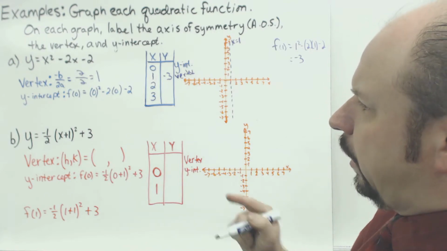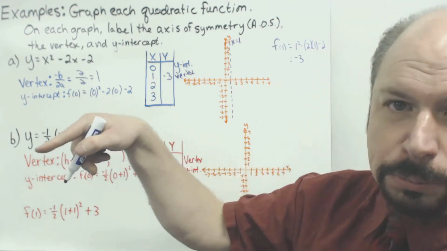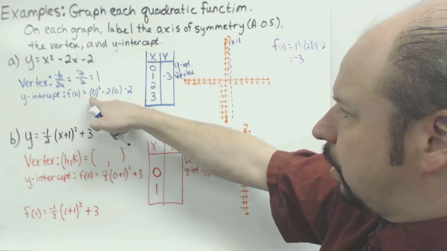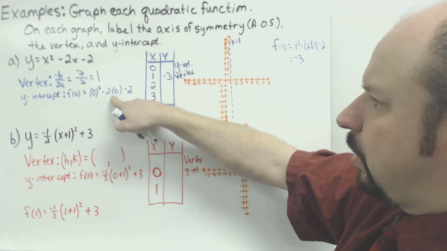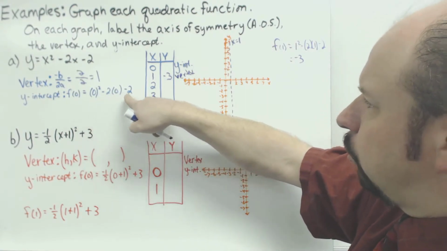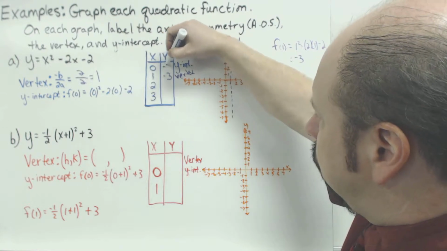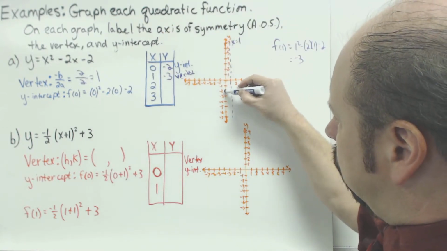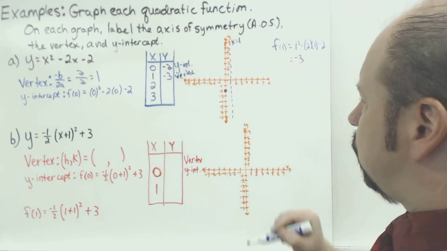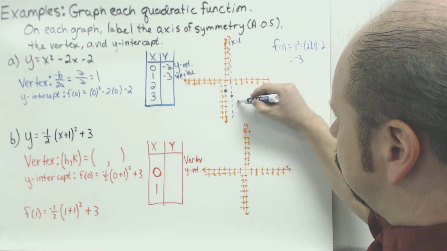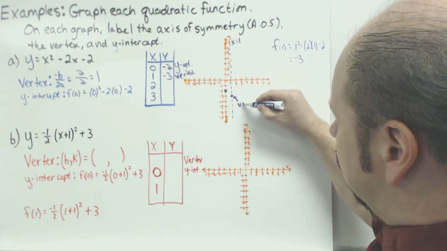Okay, our y-intercept. Well, our y-intercept, remember, is always f of 0. So I'm going to put 0 in for x. So 0 squared minus 2 times 0 minus 2. So 0 minus 0 minus 2, that's negative 2. So (0, -2), there is our y-intercept. (1, -3) is our vertex.